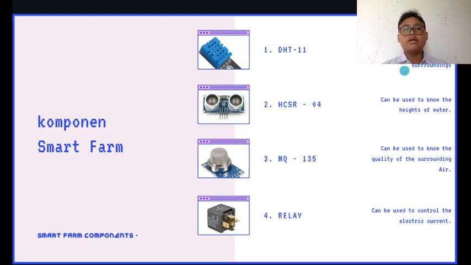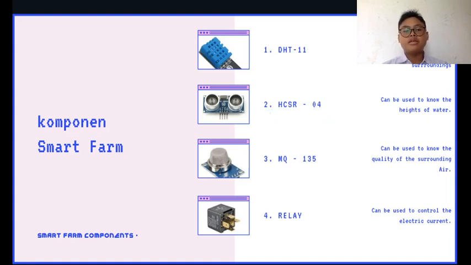It will detect the surrounding temperature and humidity. If you want to know what DHT means, it means Digital Humidity Temperature 11. Okay, so let's move on to the next components.